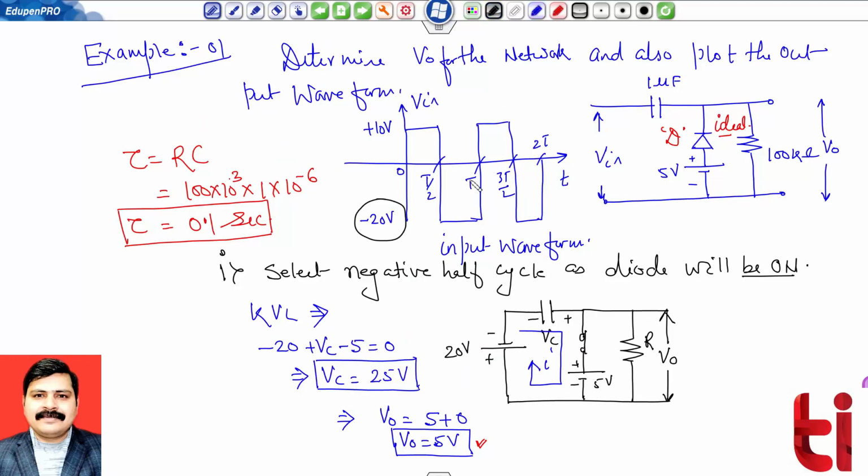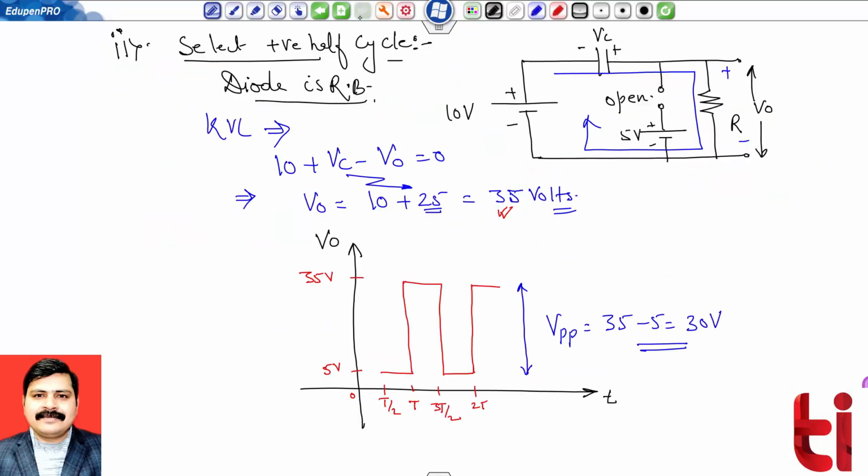So you can refer over here. VPP of input signal is 10 minus minus 20, that is equals to 30 volts. So interesting point over here is you can check the shape of signal will not change. It is still 30 volt. So interesting part over here is the level is shifted to the upward side.